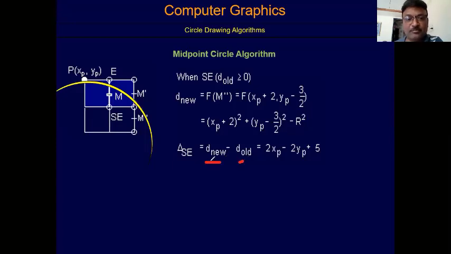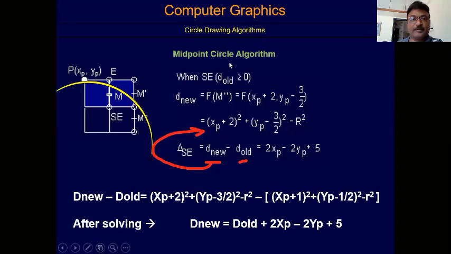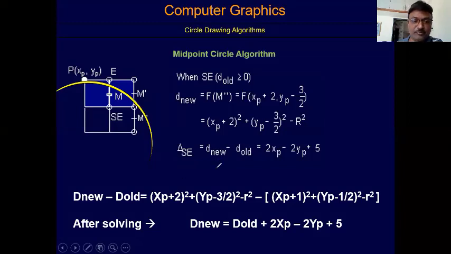This is your d new value, and I have already put the old value in the next slide. See, so you can understand. This is my d new and this is my d old. So you have to subtract both and solve it.